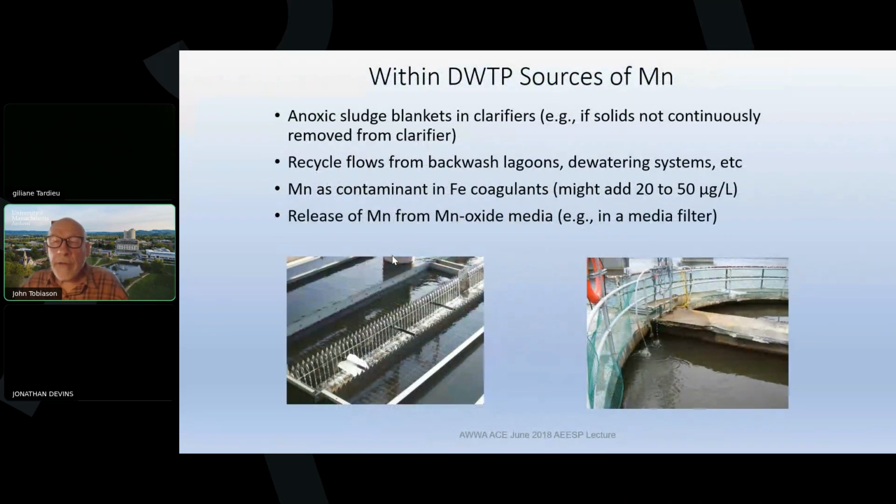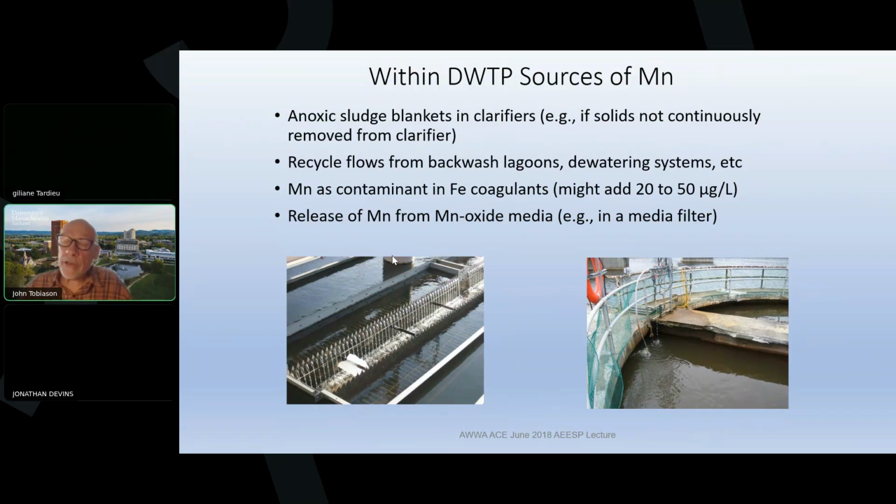Unfortunately, there are, within drinking water treatment, sources of iron and of manganese in particular. So in sludge, in clarification processes that create sludge, manganese in particles can become reduced chemically or biotically. Backwash lagoons, dewatering systems, recycle streams can have that.